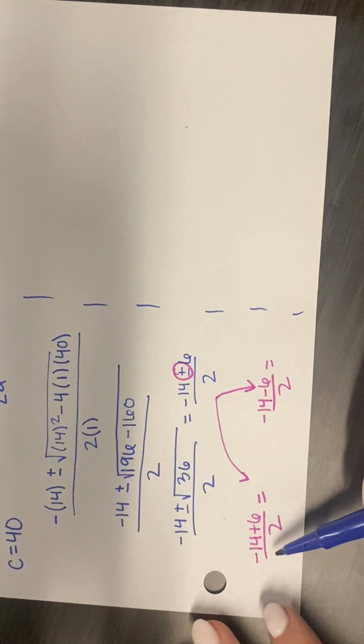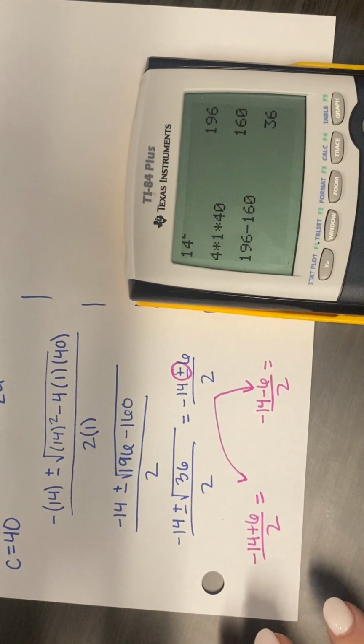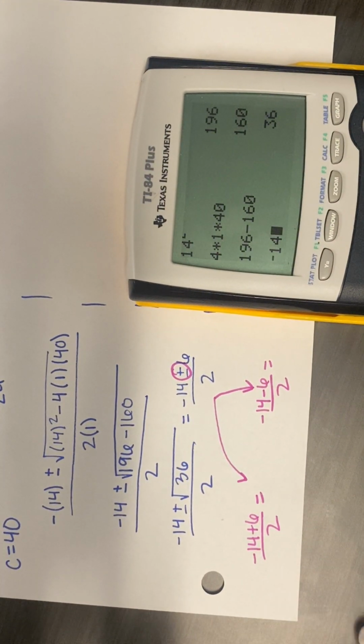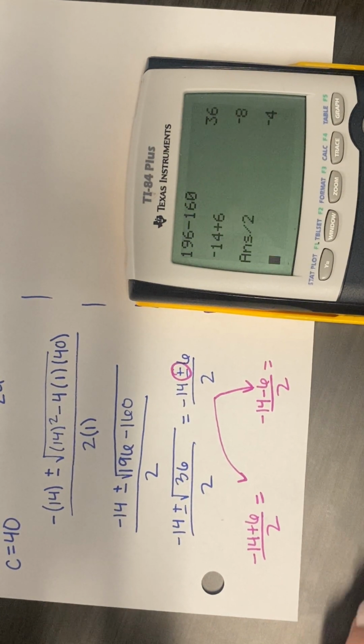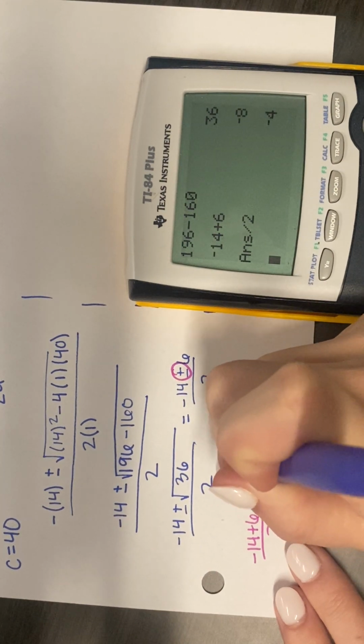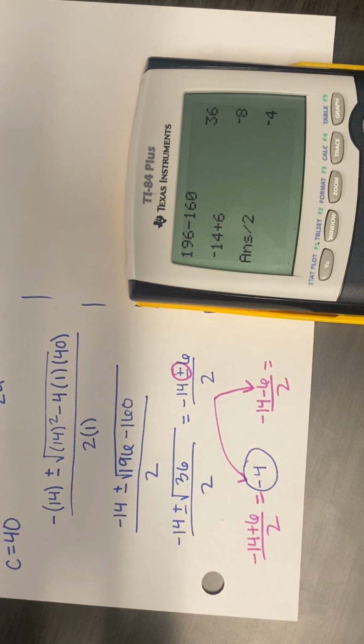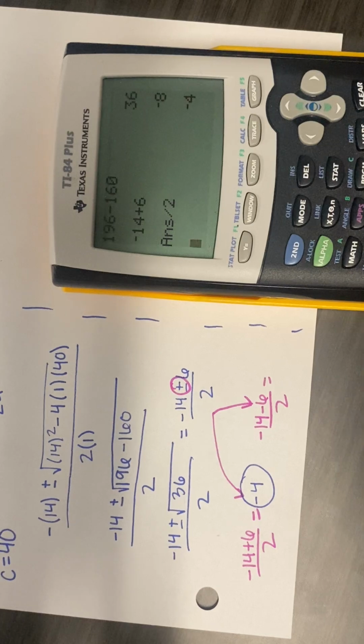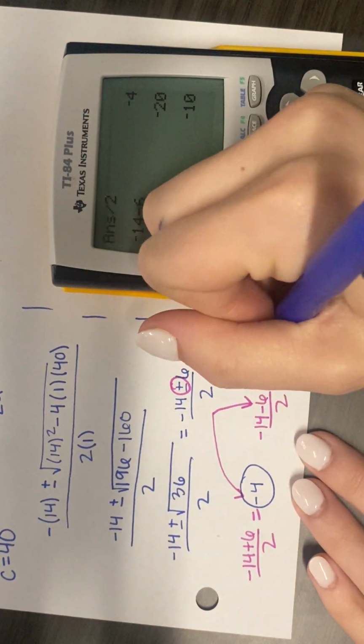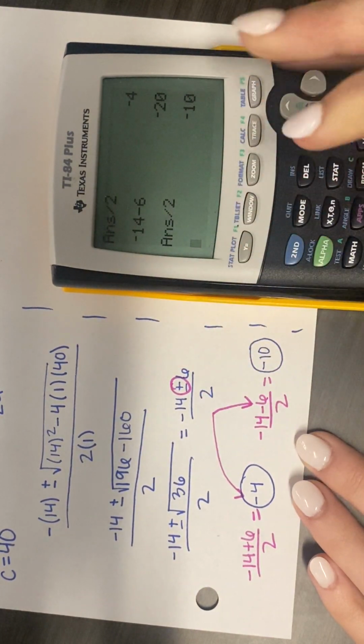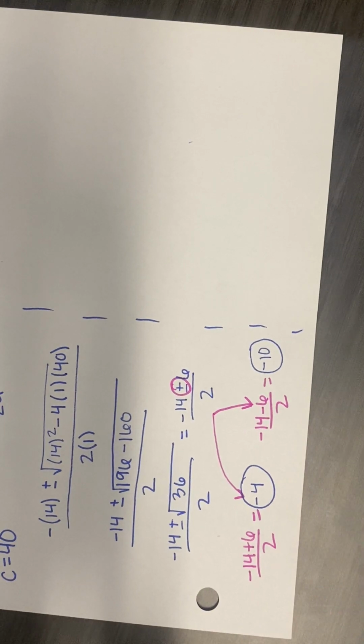Negative 14 plus 6 gives me negative 8 divided by 2, negative 4. Negative 4 is our first solution. Then negative 14 minus 6 divided by 2, and we get negative 10. So my two answers are negative 4 and negative 10.